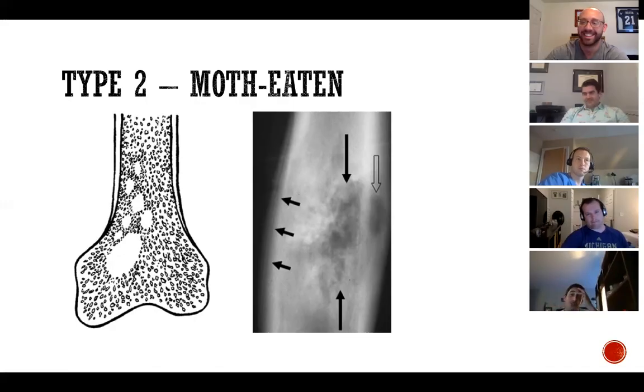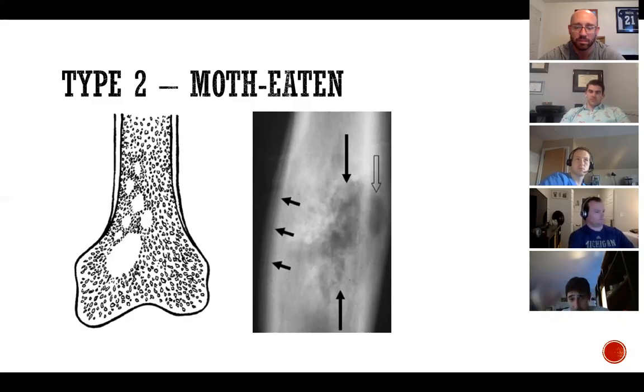So moth-eaten is defined as, the diagram gives you a classic picture, it's almost like showered areas where certain cells are forming a lytic area within the bone at different discrete periods in time. You're going to see some areas that are more punched out, with a lot more lysis within the bone, a lot darker.